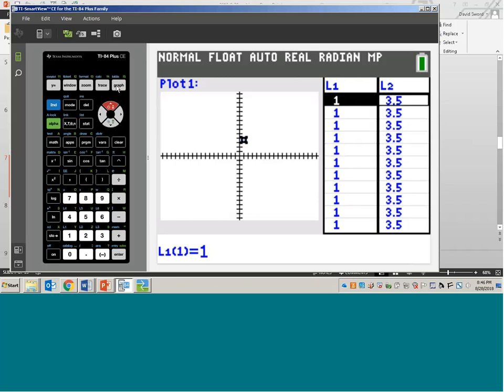The challenge for you is to find what that rule is. If a student comes in and changes this value here and makes it, say, a 2, they can say, oh, when x is 1, y is 3.5. When x is 2, y is 4. Let me see what y is when x is 0. When x is 0, I get a y-intercept of 3.